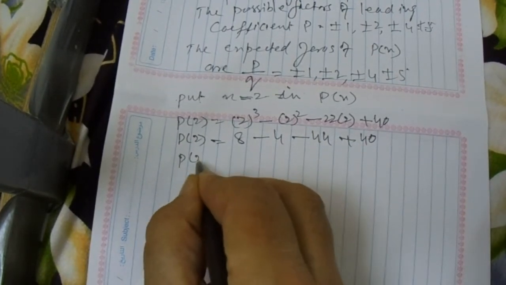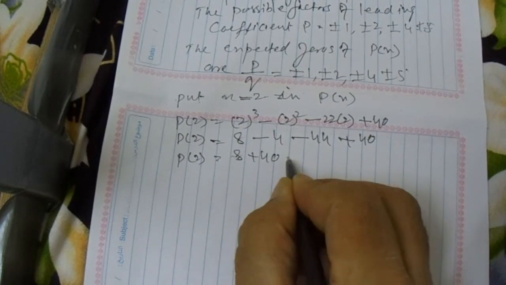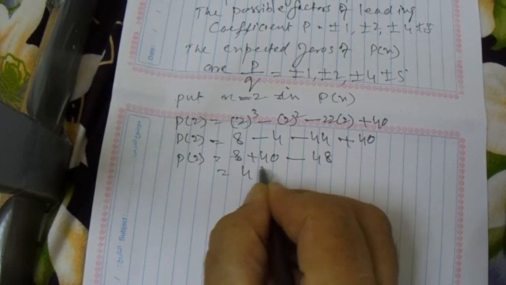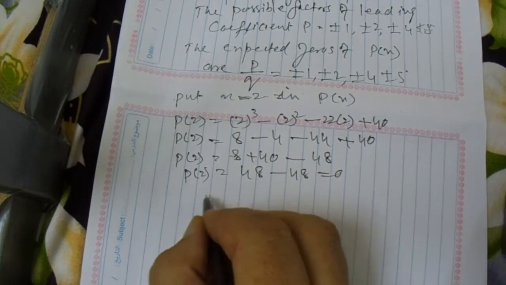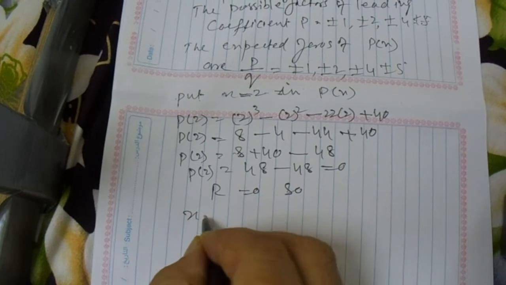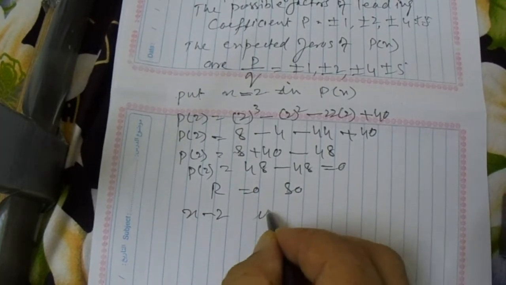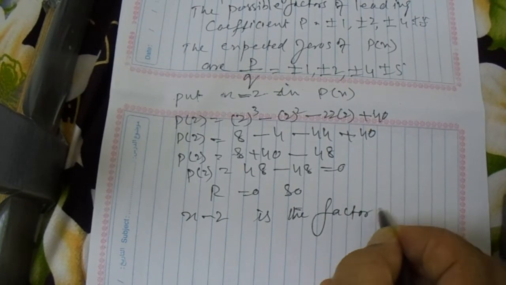Here P(2) is equal to 8 plus 40 minus 48, which is 48 minus 48, equal to 0. Here R is equal to 0, so x minus 2 is the factor of P(x).